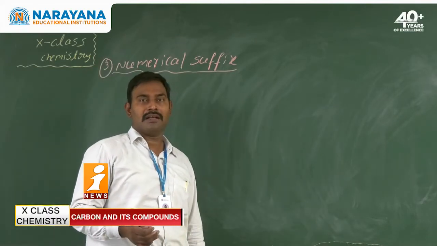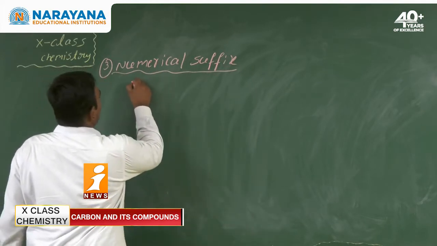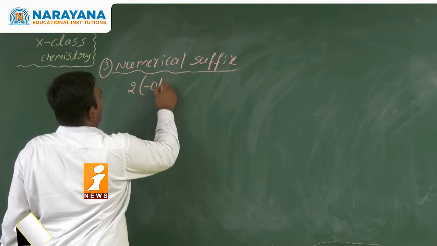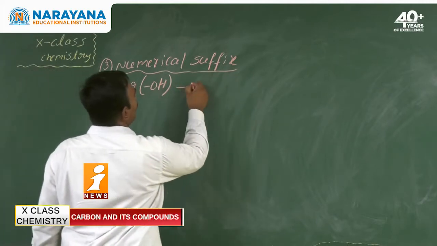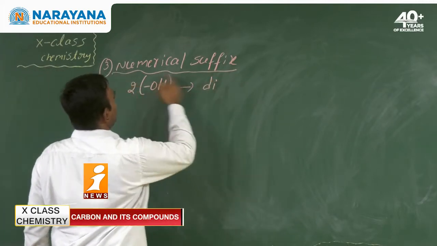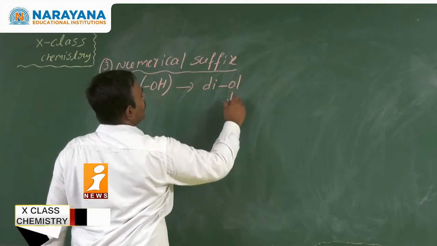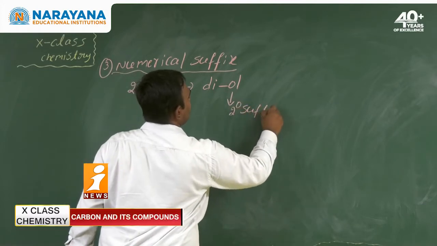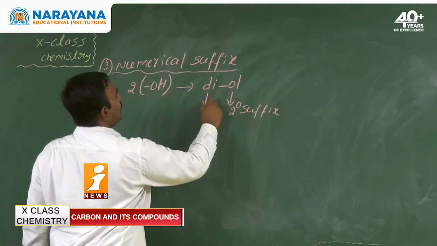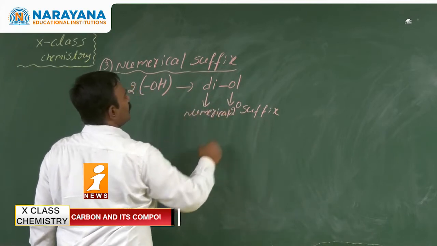Suppose the alcohol group is there two times. Then what name do we give? Di as a numerical suffix. Ol indicates the secondary suffix. Here di indicates the numerical suffix.